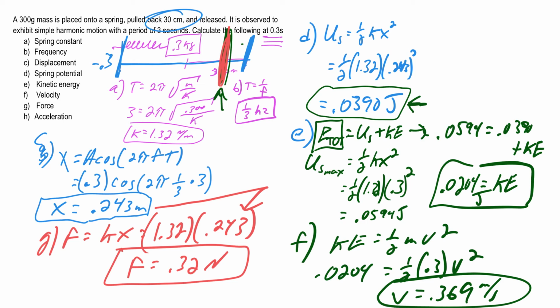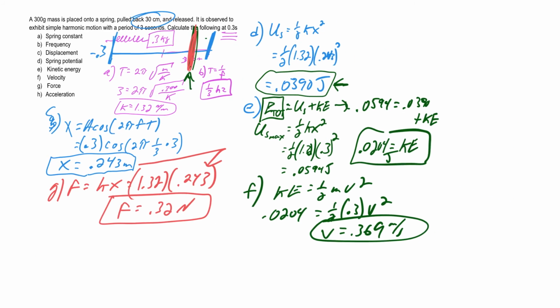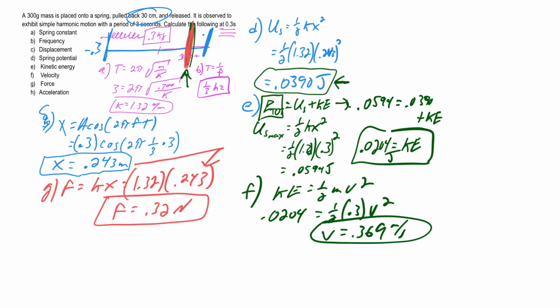And lastly, we're going to go ahead and find the acceleration. Well, once you know that force, then you know the acceleration because F equals ma. So 0.32, what is this, h? 0.32 newtons equals our mass of 0.3 kilograms times our a.